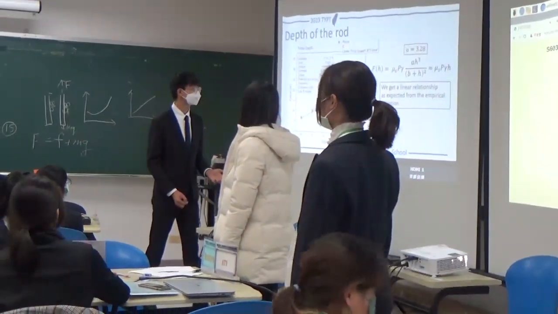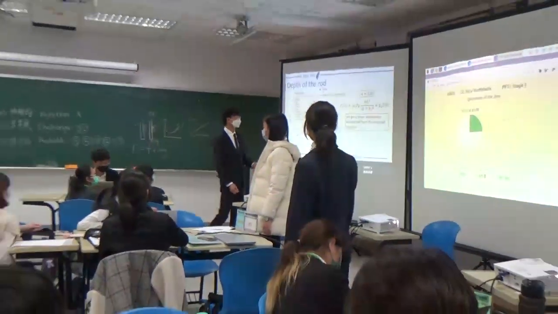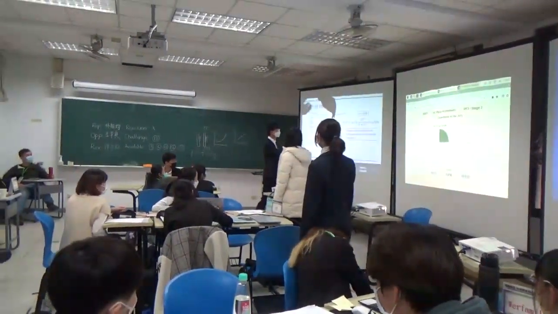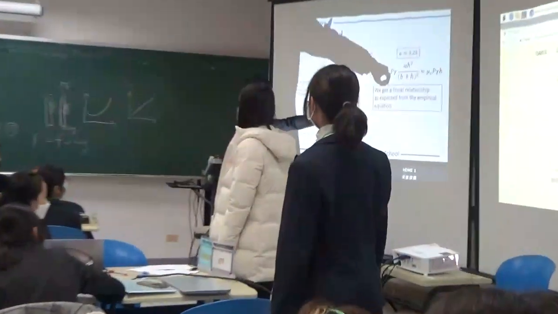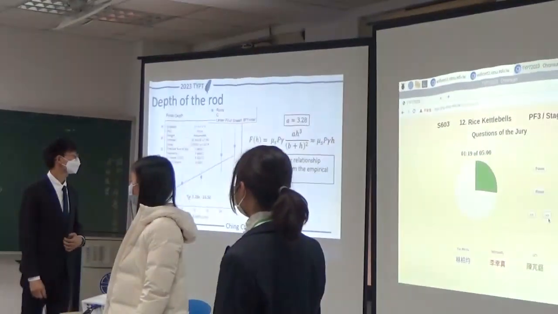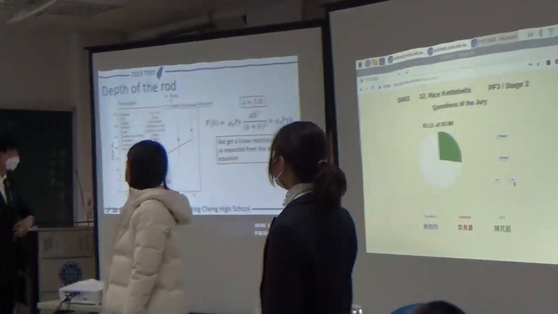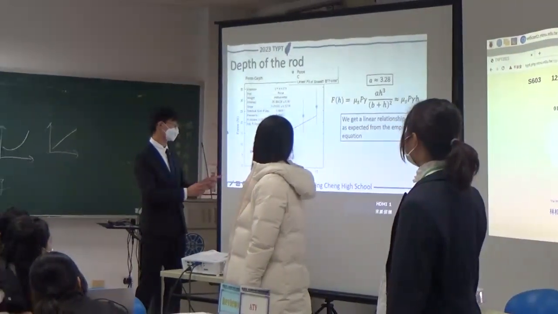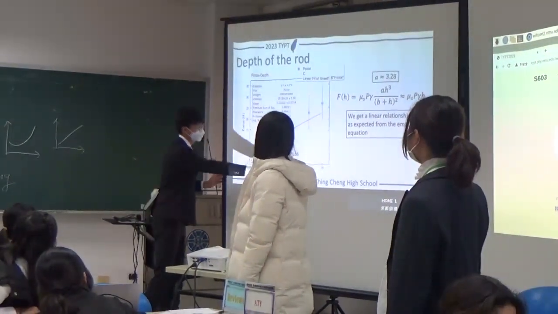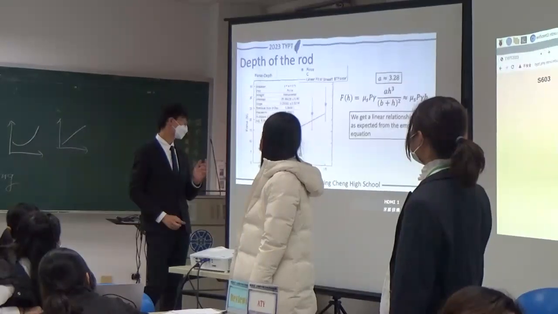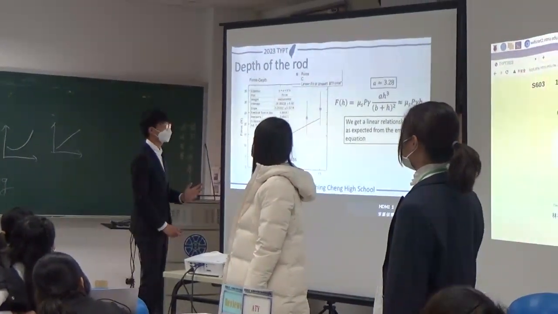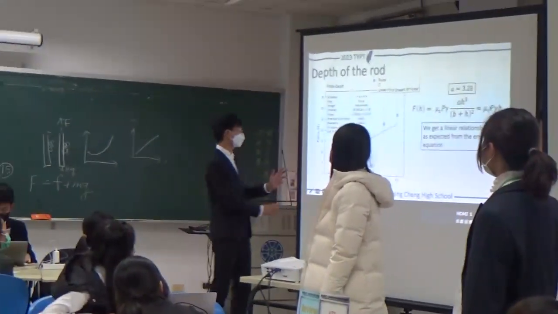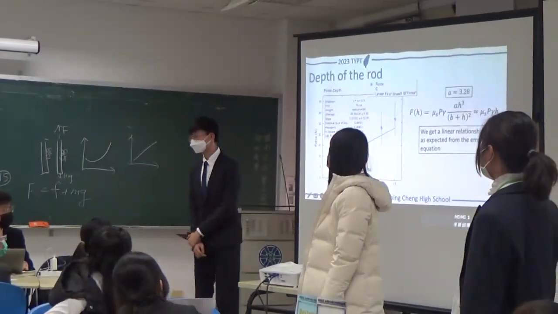So what is the physical meaning of this one? The physical meaning of this question is, by these data, 3.28, that is the slope rate of this linear line.